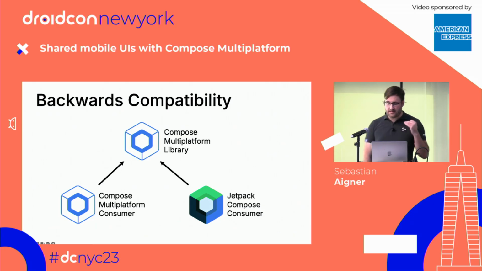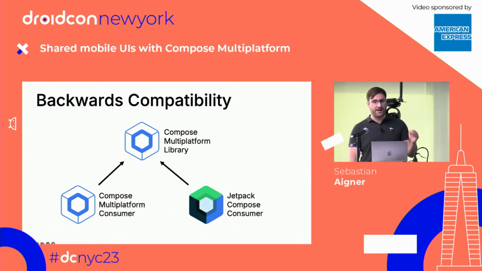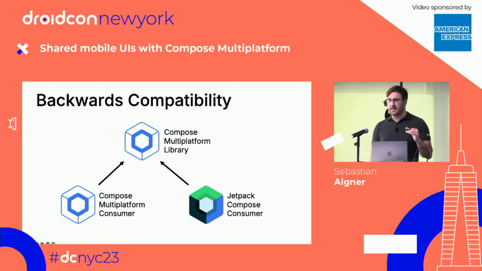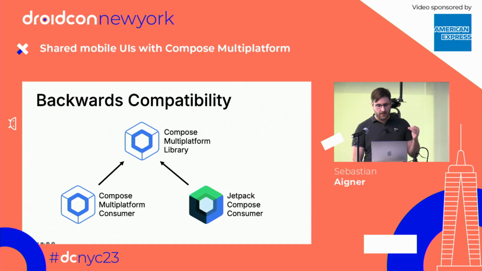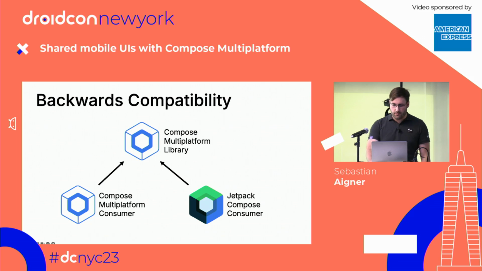So if you have a developer that's doing pure Jetpack Compose development, they can use all the Compose Multiplatform artifacts. They won't feel a difference in the actual experience of developing for Android. It just means that you cover a wider base of users for your library.